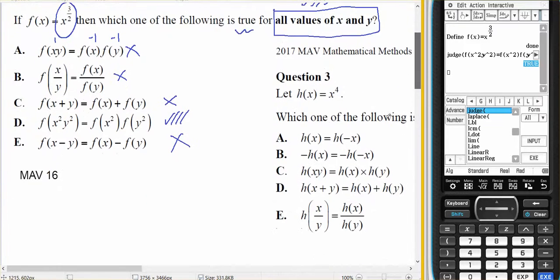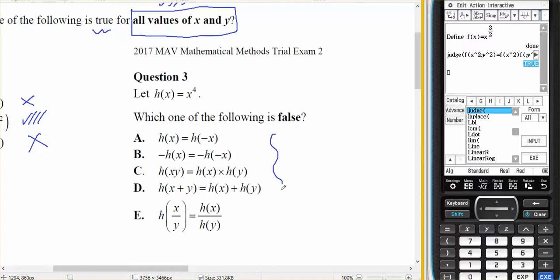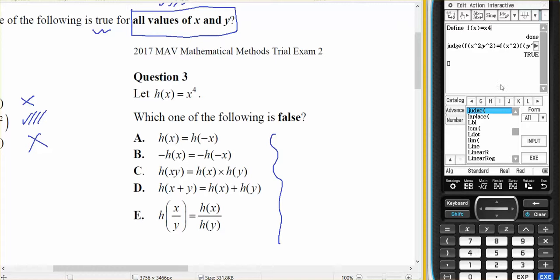Looking at question number 3 from MAV 2017, it's a similar sort of question. So I'm going to come back up to the top and change my definition to x to the power of 4. And I'm going to judge f of x equaling f of negative x.